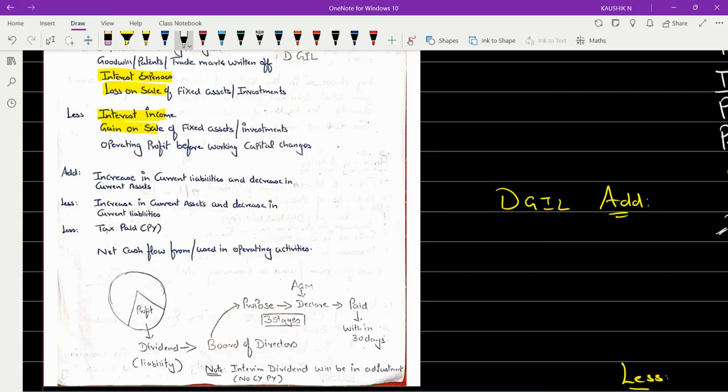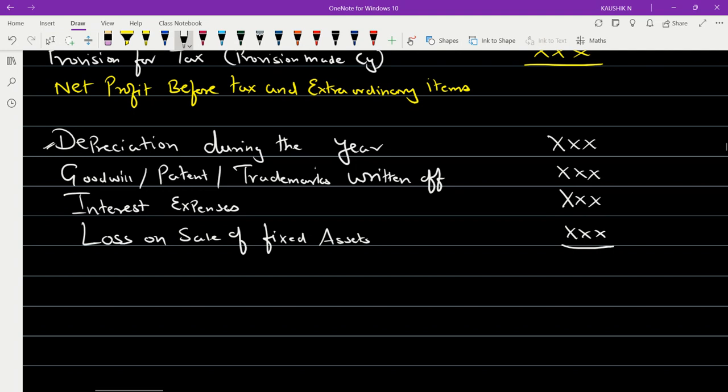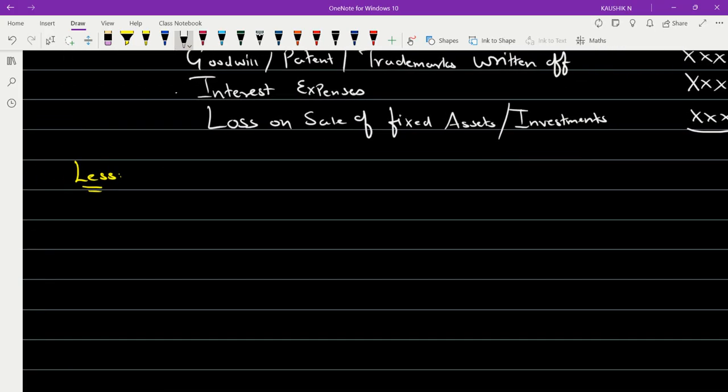Bring the picture. Okay, so here loss on sale of fixed assets or investments also. இப்போ இங்க லாஸ்ட் ரெக்கார்ட் பண்ணி இந்த ரெண்டு ஐட்டத்துக்கு குவைட் ஆப்போசிட் இருக்கும் opposite items. So what are we going to do?